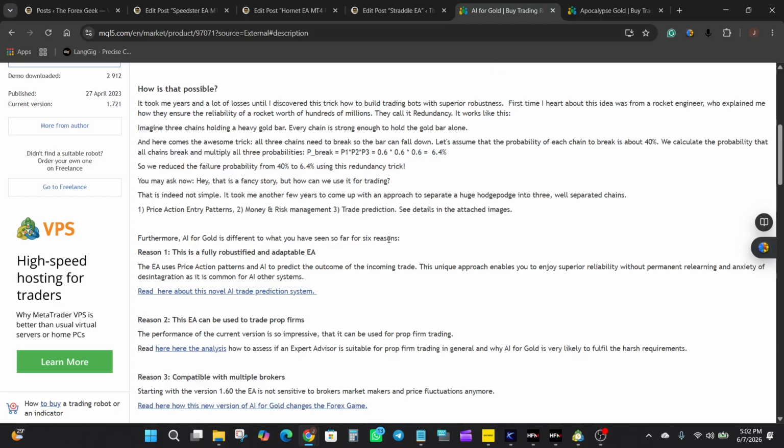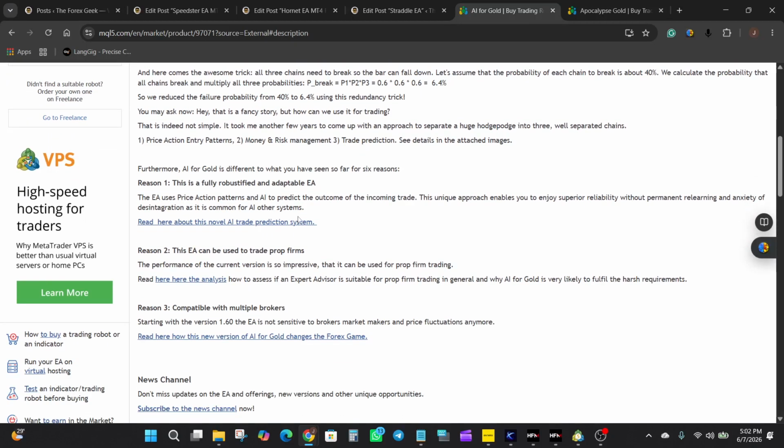From what I can see, the logic is structured around three main components: price action entry patterns, risk and money management, and then trade prediction. So the idea is that each of these works independently and together they form a more stable decision making system.